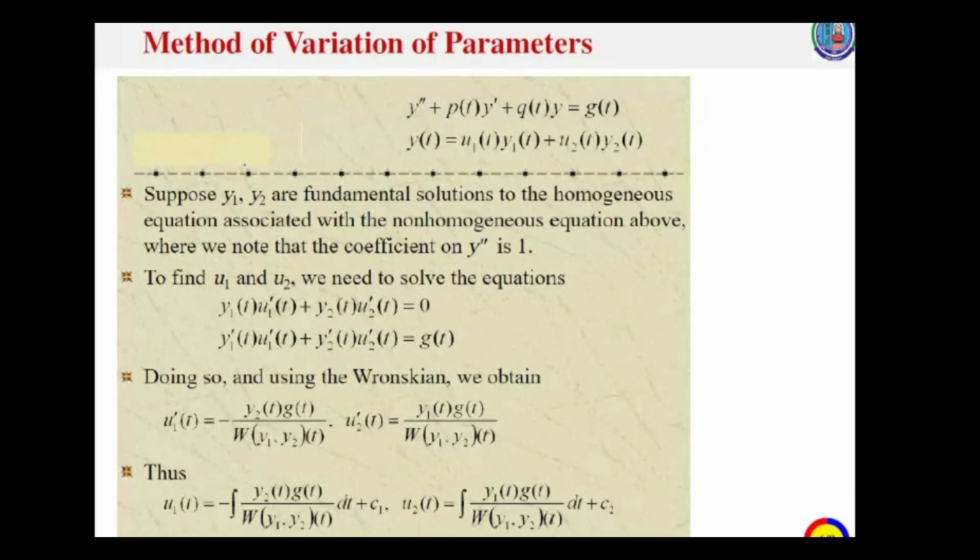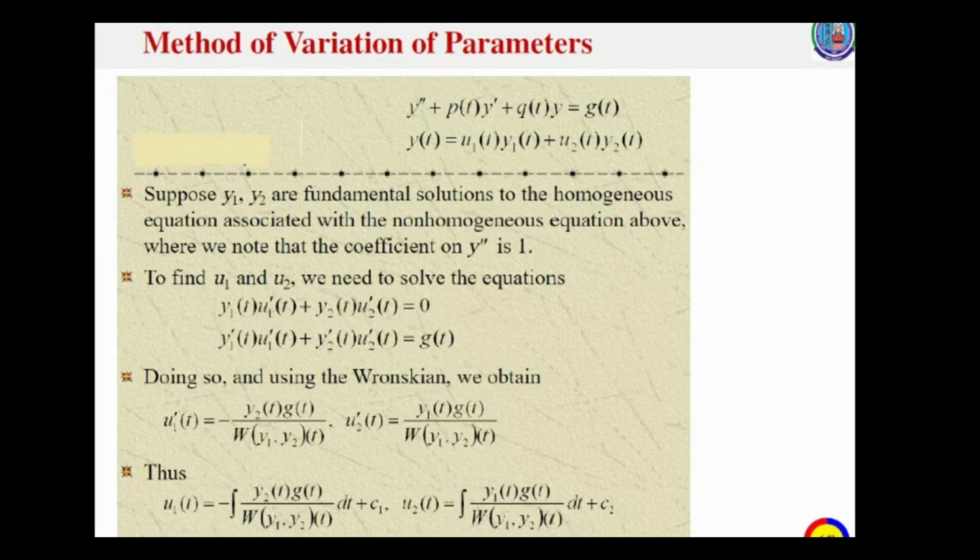For finding the complete solution, we just need u1 and u2. u1 is given by minus the integration of y2 into the non-homogeneous part g(t) divided by the Wronskian, dt, plus c1. And u2 is given by the integration of y1 into the non-homogeneous part g(t) divided by the Wronskian of y1 and y2, dt, plus c2.